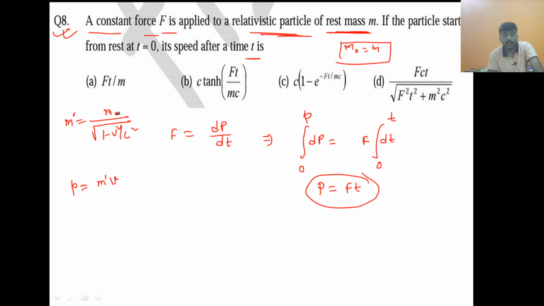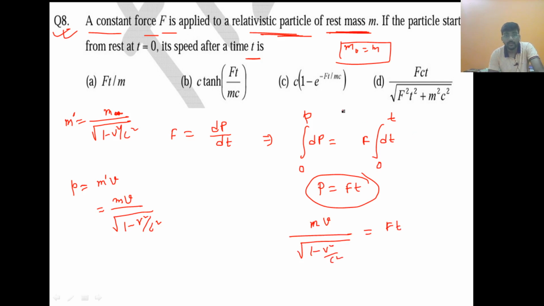So p will be m v divided by root 1 minus v square by c square, which is equal to F t. Now from here we have to find out the speed, that means v.